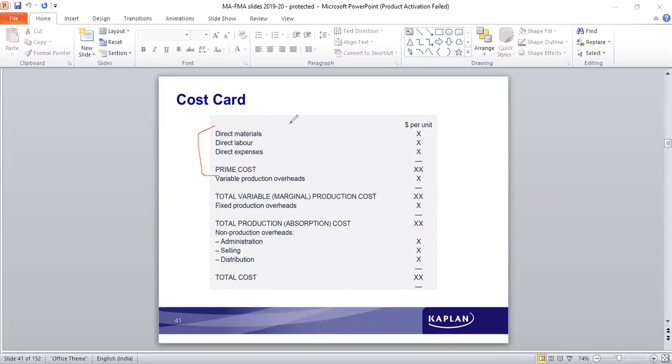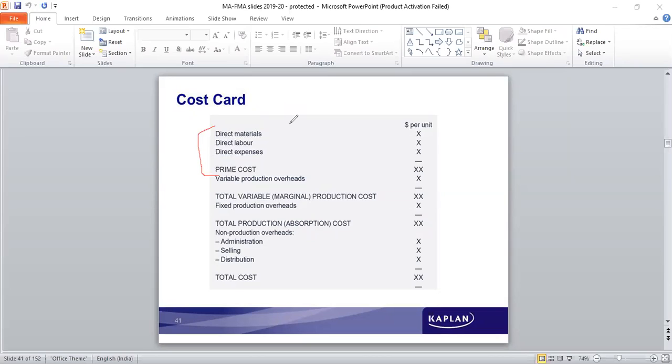Then comes the next part, which is the overheads. Overheads which are incurred at the factory, overheads incurred at administration level, at selling and distribution level. There are many items of overheads, so as many items as there are, the calculation has to take place for that many items. But for convenience's sake, the traditional costing system does not take up the dividing and distribution of each type of cost according to the item of cost.